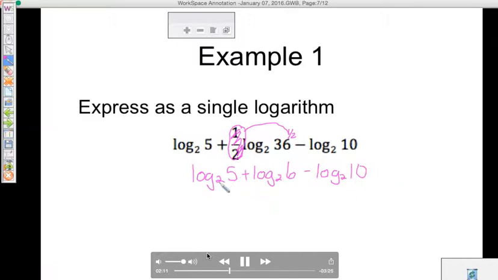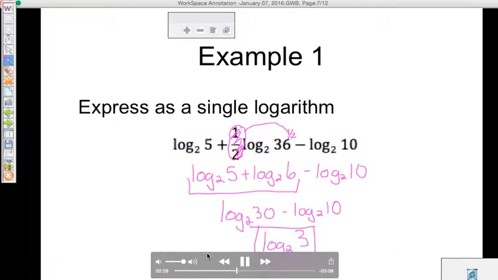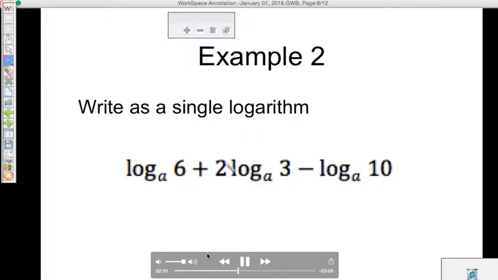And now since these are adding, we'll read it left to right with adding and subtracting. These two, we can go back to multiplying. And then we know subtraction goes to division, so log base 2 of 3. Single log again, well this is out in front, so we can put it as an exponent. So now that would be 9.